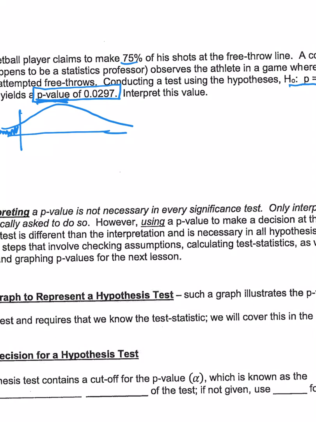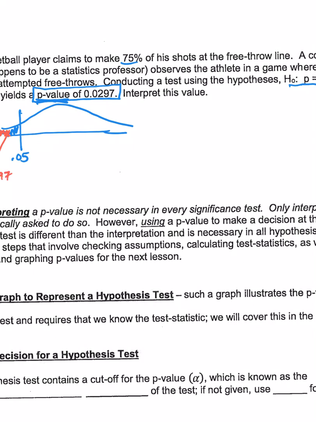Now, typically a p-value is 5%, isn't it? So we would assume that this is the 0.05 line right here. Does that make sense to everybody? Where is our p-value? Is it above that line or below that line? It's below. Our p-value is down here somewhere, 0.0297.